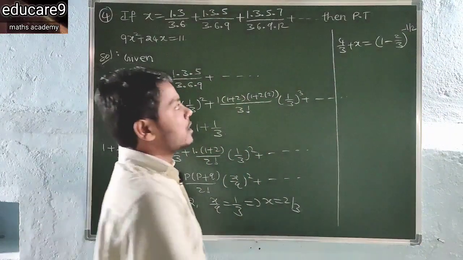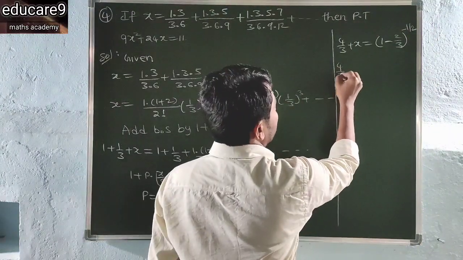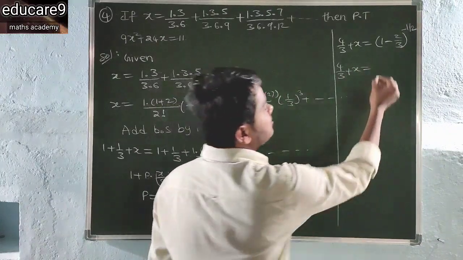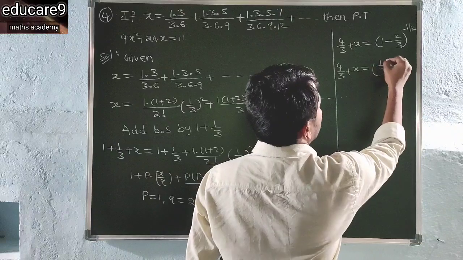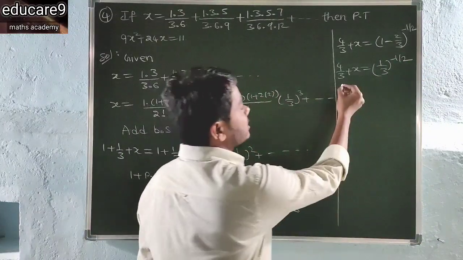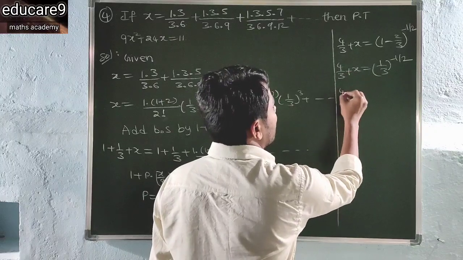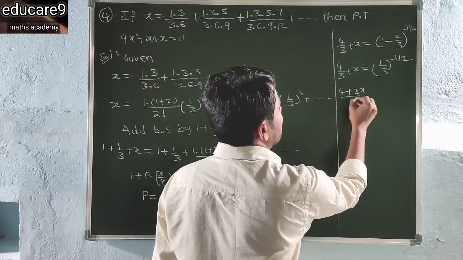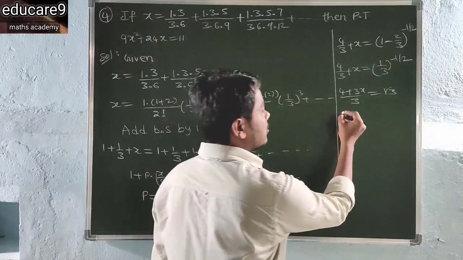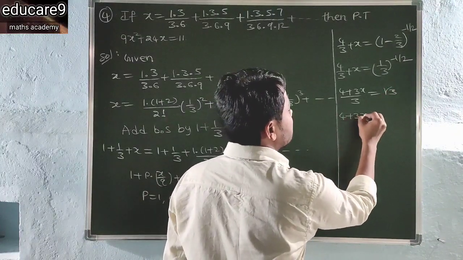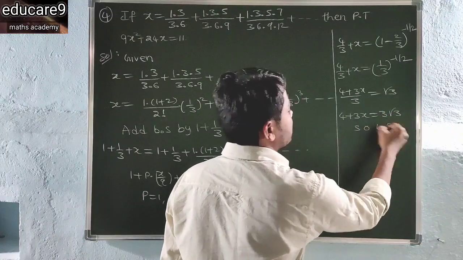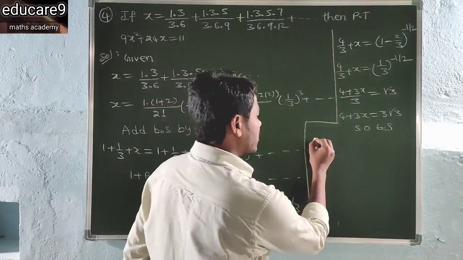Okay, now this is what? 4 by 3 plus x is equal to (1 minus 2 by 3), that is 1 by 3, to the power of minus 1 by 2. Okay, now this can be written as (4 plus 3x) by 3 is equal to, this is root 3. Now this is 4 plus 3x is equal to 3 root 3. So squaring on both sides. So what you get?